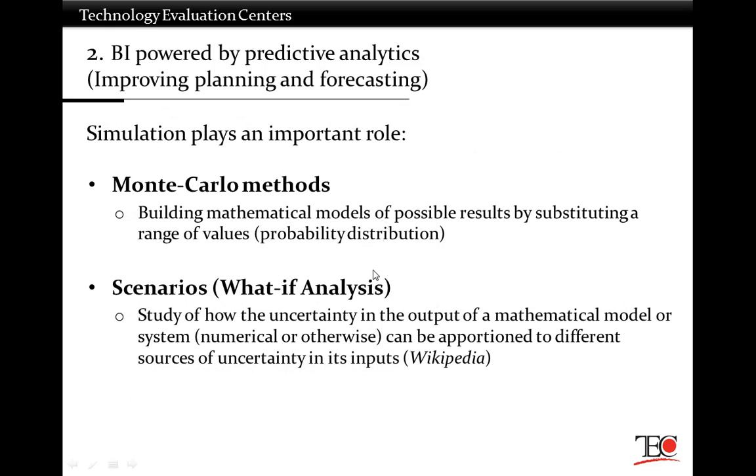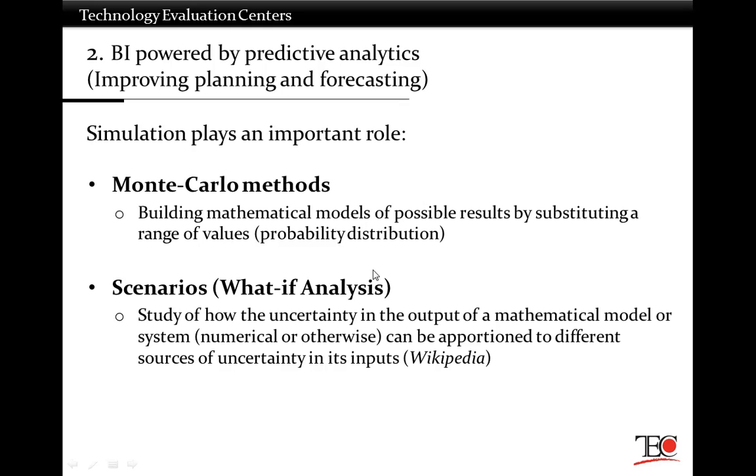Simulation is the imitation of a real-world process or system over time. The act of simulating something requires first a model to be developed. This model represents the key features or behaviors of the selected or real system. Now, there are two popular simulation methods. One is the Monte Carlo one, which consists of building a mathematical model of possible results by replacing a range of values.